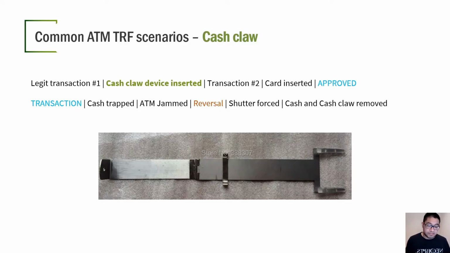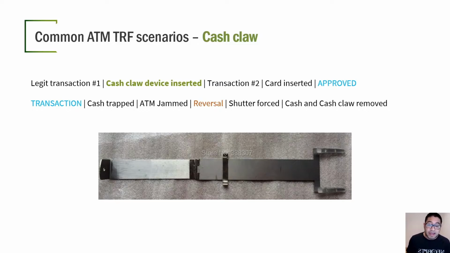We have cash clown, where they are using this artifact. So here we need two transactions. A legit transaction number one with a little amount, just like $20. So I will ask the ATM to give me those $20, and when they give me the $20 and the shutter opens, I will insert the cash cloud device. Then I take just the money and I end my transaction one.